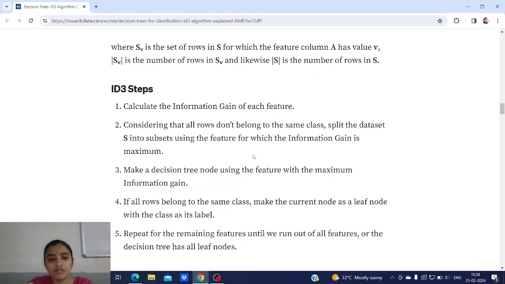By using information gain, you can identify which attribute is the best attribute, and you can also identify it by using the Gini index. Coming to the information gain, we consider the attribute with a high information gain value. For example, if an attribute has a high information gain value, we consider it the best attribute.